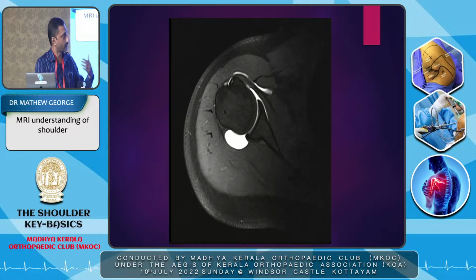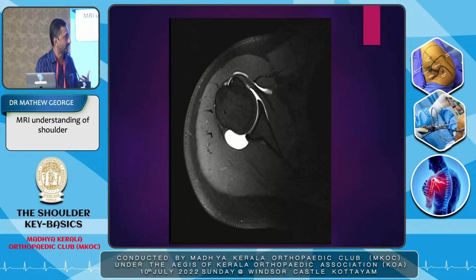Now coming a little more down, you see the muscle here, just in the anterior aspect. That is the subscapularis muscle, and just deep to the subscapularis, you can see this triangular structure, that is your anterior glenoid. And this structure here in the posterior aspect of the glenoid is your labrum.